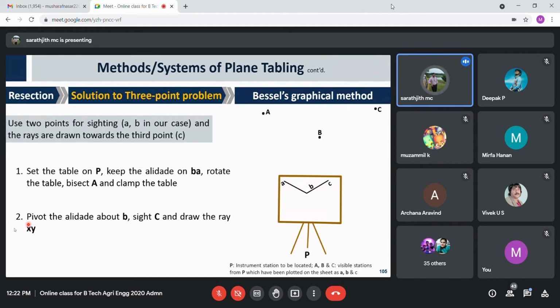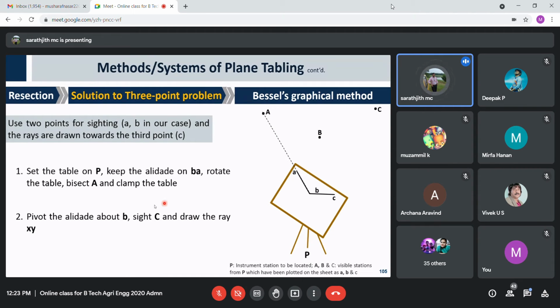The first step is to set the table on point P, then keep the alidade on BA. In this particular direction you place your alidade, then rotate the table and bisect A. In this position, you clamp the table so that its horizontal motion is arrested.